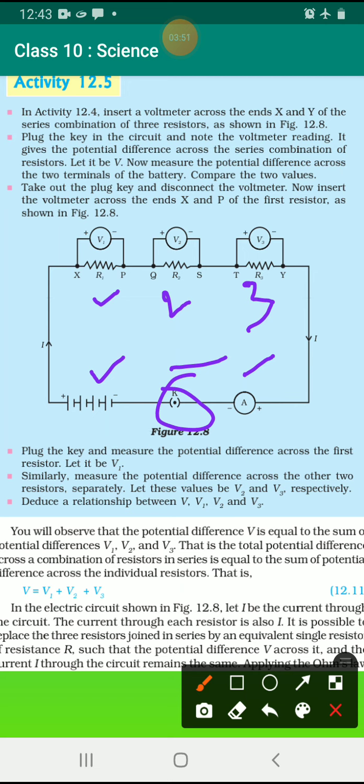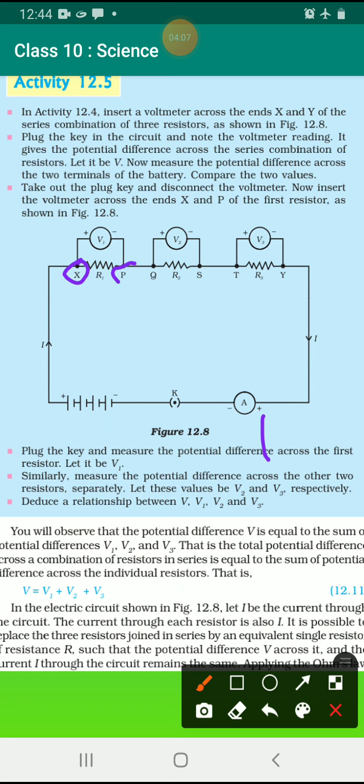After we connect all these, insert a voltmeter across the ends X and Y, as you can see here for each pair of ends. Suppose the first voltmeter is taken as V1, the second is V2, and the third we take as V3.